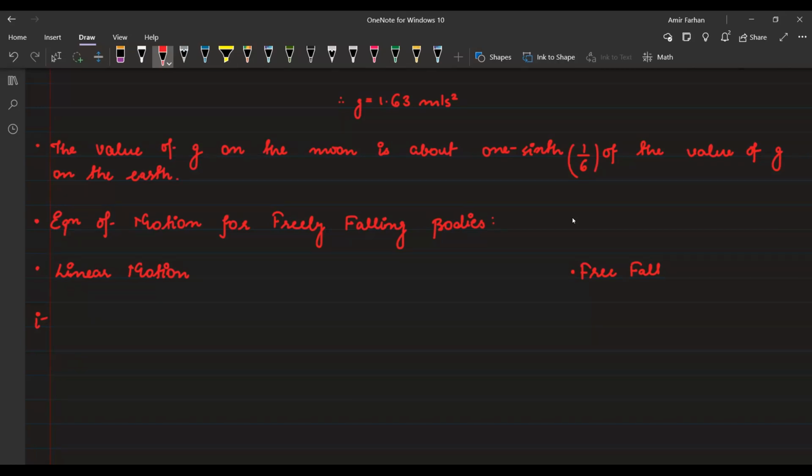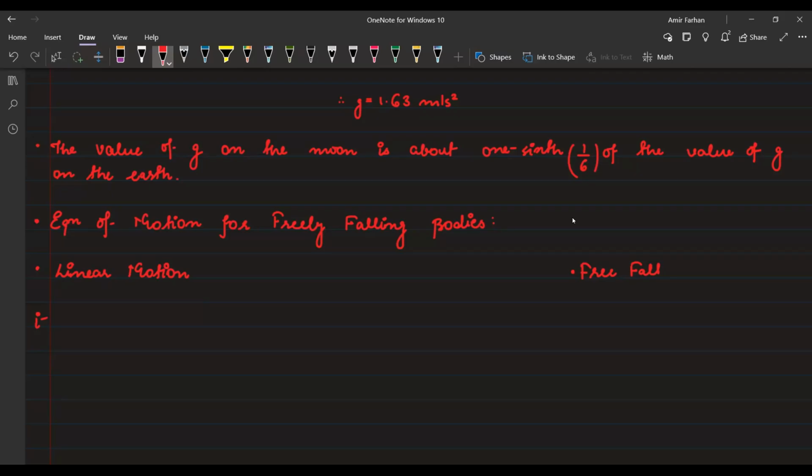V square is equal to u square plus 2as. Yes, that's correct. So v square minus u square is equal to 2as. So these were the three equations, right, everyone? In this chapter, we are going to modify the normal equations a little bit according to the gravitational motion.